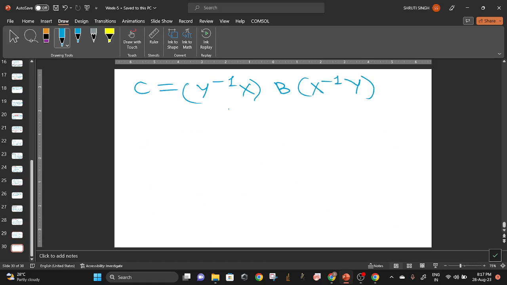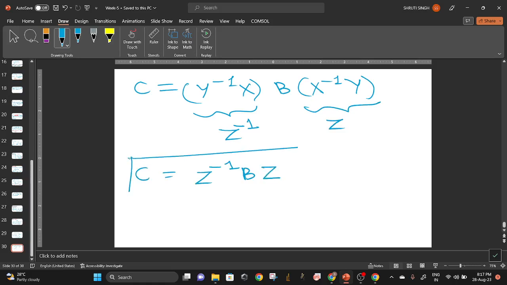So if we take this as any z inverse and this as z, then this is equal to z inverse b z. C is equal to z inverse b z, and this is also a similarity transformation.